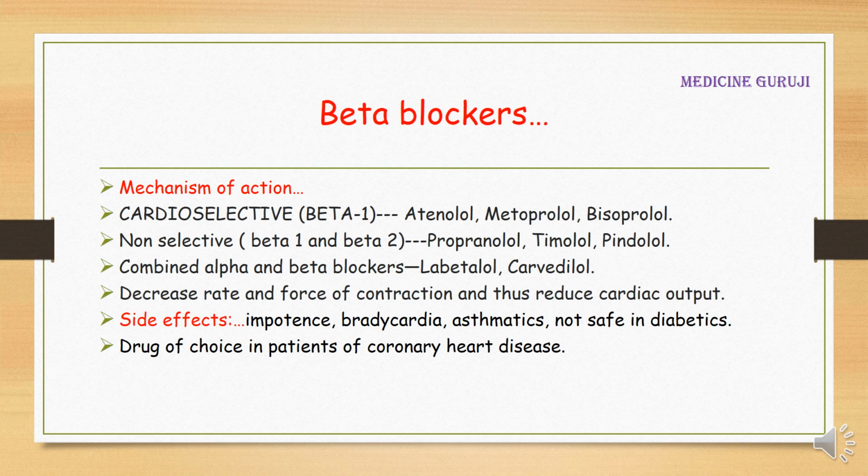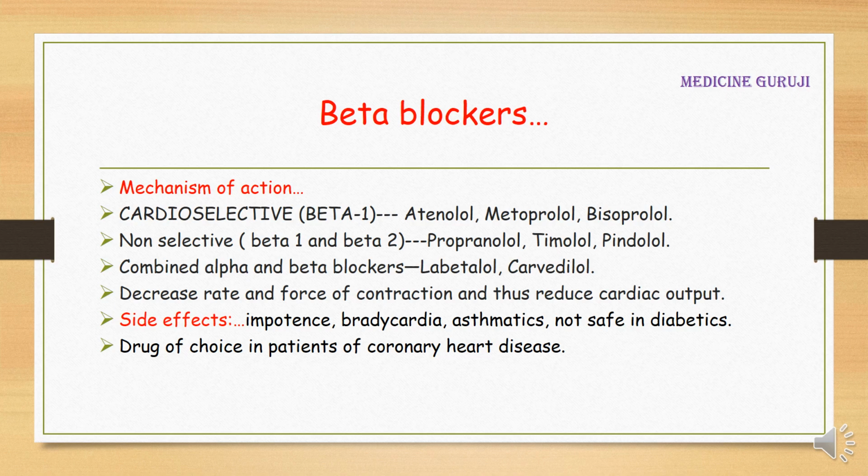A very famous drugs, beta blockers. First we will see the mechanism of action, and then along with the mechanism of action we will see the name. The cardioselective that act on beta 1, atenolol, metoprolol and bisoprolol. The non-selective that is acting on both beta 1 and beta 2, propranolol, timolol and pindolol.